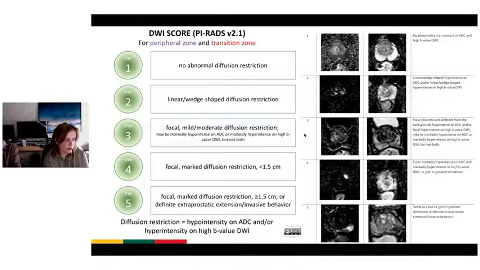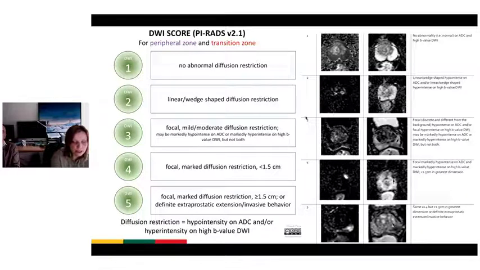Now let's talk about diffusion. We have talked about T2, and on diffusion images we look for bright spots on DWI. Firstly, we examine the peripheral zone on DWI and look for something dark on ADC. If we see nothing, it's 1. If we see something like we saw on T2 images, some wedge or linear-like signs, it's 2.